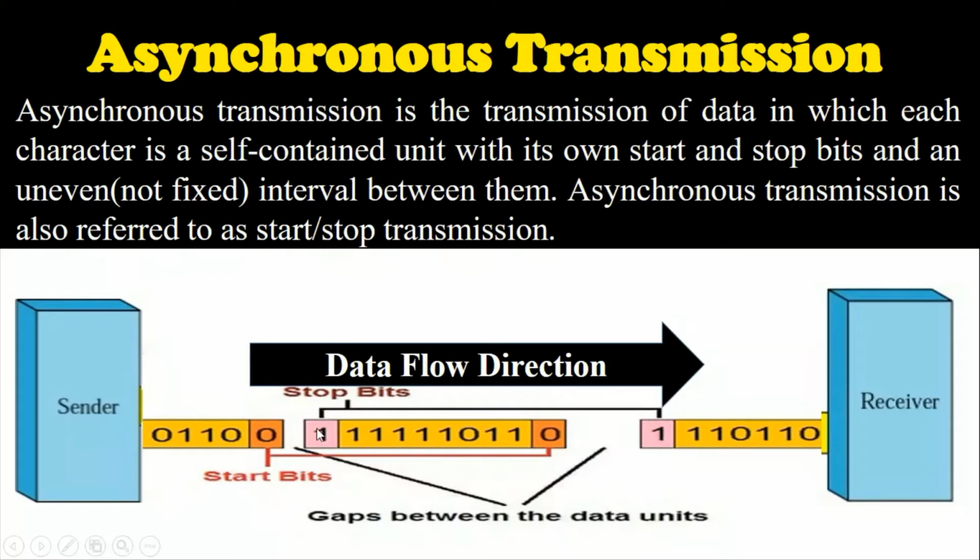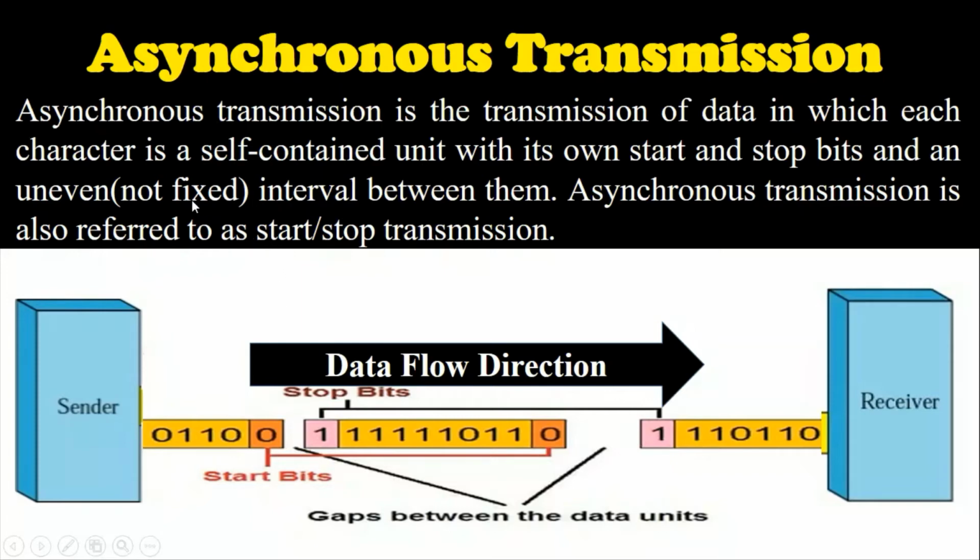So in asynchronous transmission mode, data is transferred character by character, but there is a time interval that is not fixed. Means there is a gap of time. We can see a gap between the data units, but that is not fixed. One character is transferred to the receiver and there is a big gap, and then the other one is transferred and we can see there is a small gap of time.